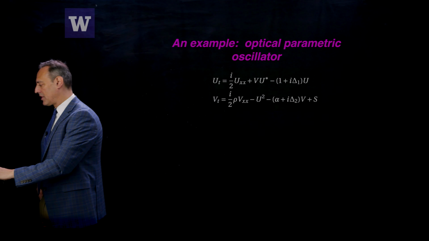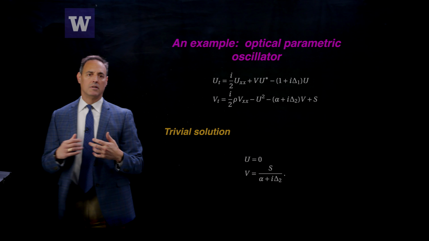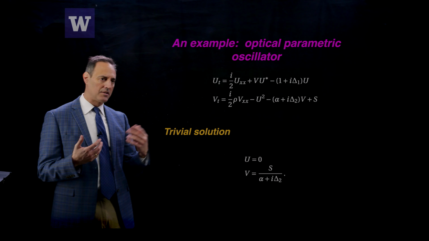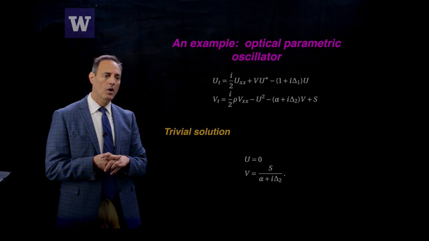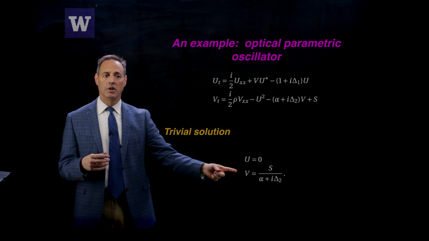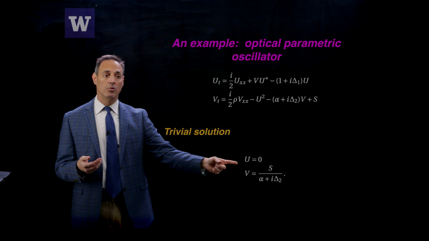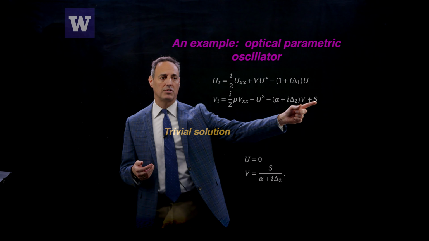The question is, can we start to understand some of the dynamics that are observed in these spatial-temporal systems? There is a lot of very interesting physics observed in this. What we want to understand is the bifurcation from the trivial solution. There is a solution where U0 is 0 and V is equal to S, where S is just some forcing of the system.